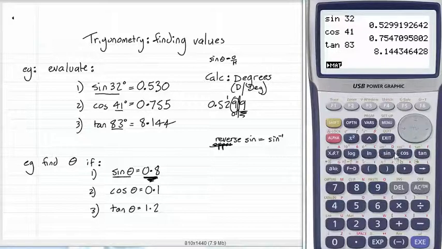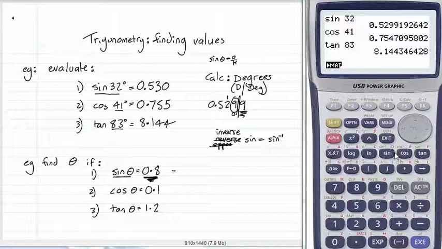It's actually called inverse sine, which is almost exactly the same word. So inverse sine, and it means opposite of sine. So we write after sine theta equals 0.8.